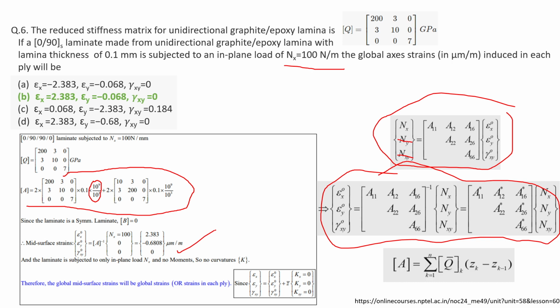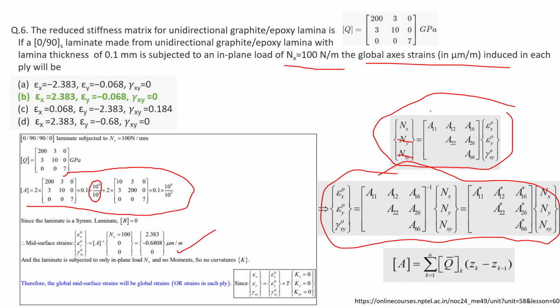Now this laminate is subjected to only the in-plane load Nx and no moments, so there is no curvature. So here the mid-plane strains will be equal to the global strains. We have to find the global axis strains, and first we found the value of the mid-plane strain.